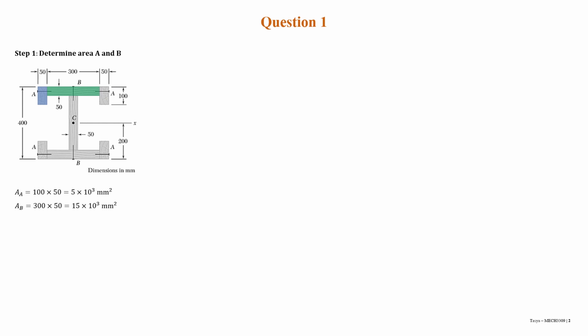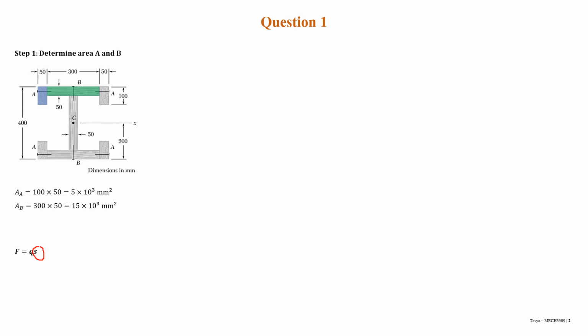I remind you again that the question asked us to determine the shear force, so we need to know the formula for shear force itself, right? Shear force is equal to small q multiplied by s, where the s here is the spacing of the nails that is also known in the question.